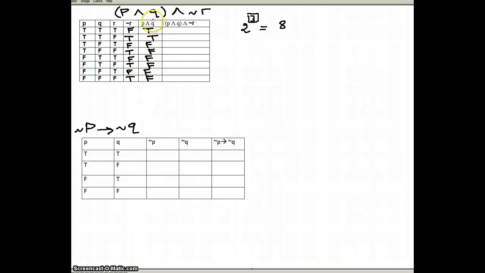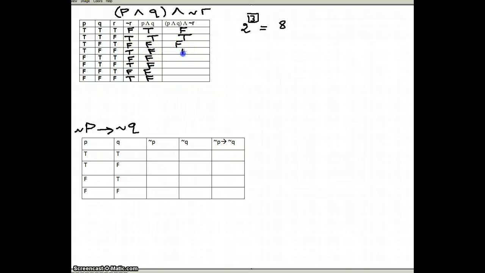I'm done with P and Q, I'm done with not R, so let's do the AND between them. I'm going to look at these 2 columns and do an AND between them. Again, the AND is very strict. Only true and true is true. So false and true is false. True and true is true. False and false is false.